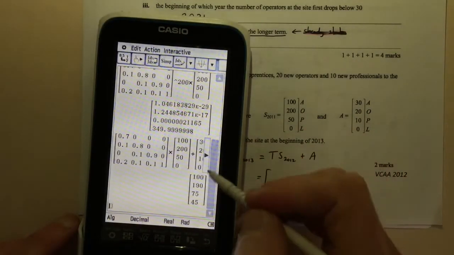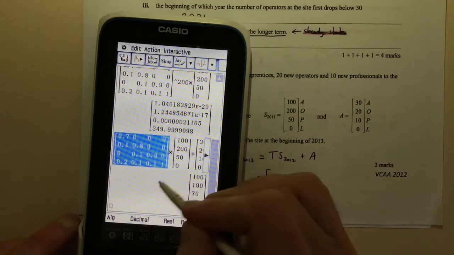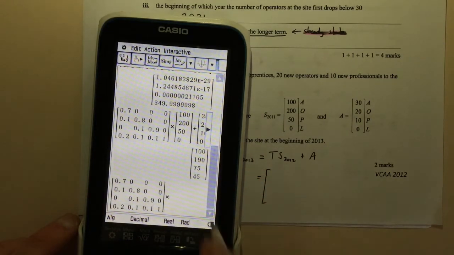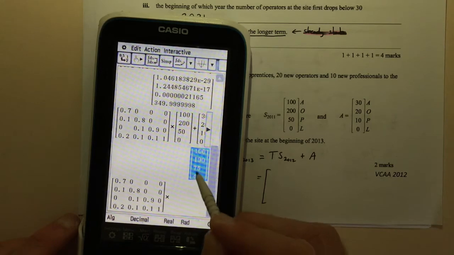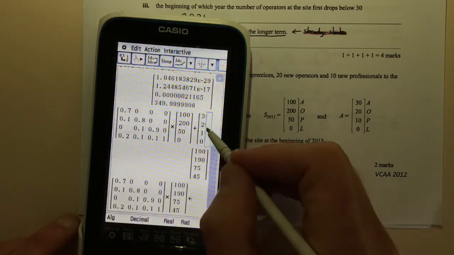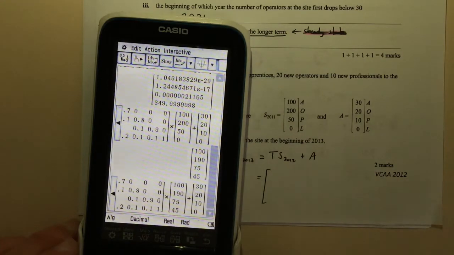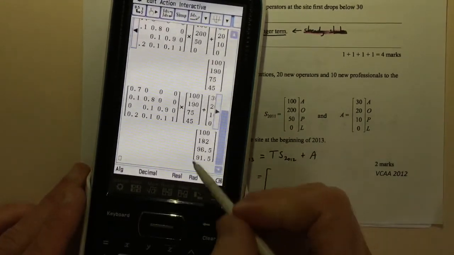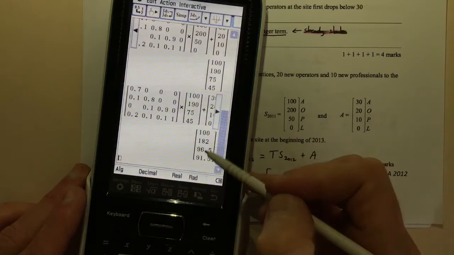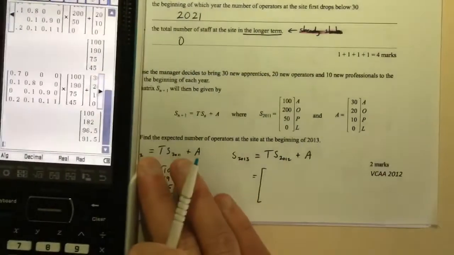And again, we're going to try to be as lazy as possible using some copy pasting. So it's the transition matrix times S2012, which is what we just calculated, plus the matrix A. So don't type matrices in over and over again, just copy paste them. And so S2013, the following year, gives us 100, 182, 96.5, and 91.5.